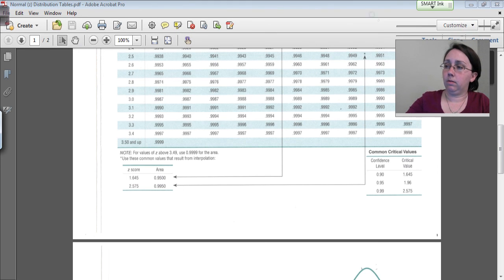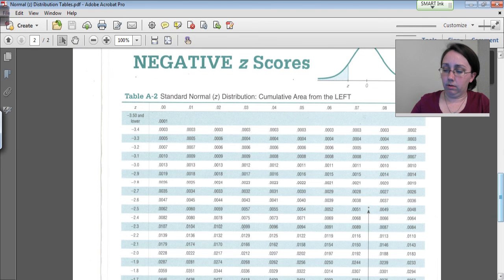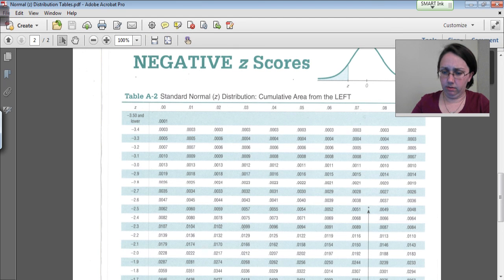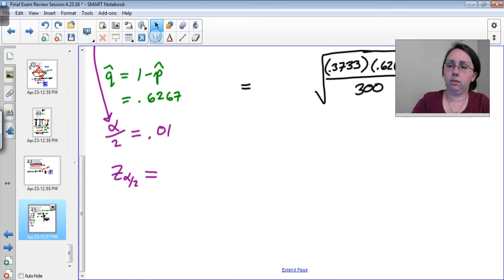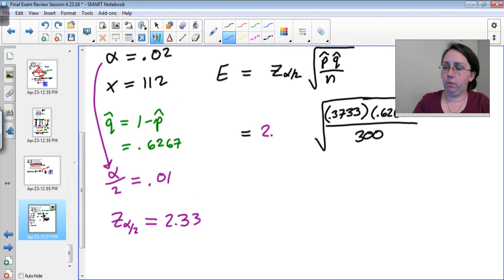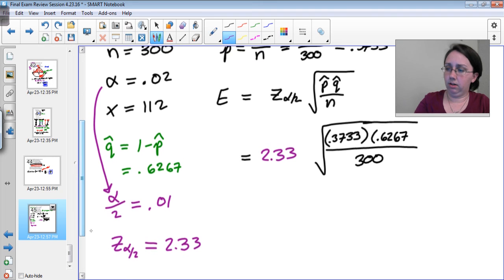It was negative and then we converted it to positive. Very good. You said 2.33, right? All right. So plug that into the formula, and we have our error.